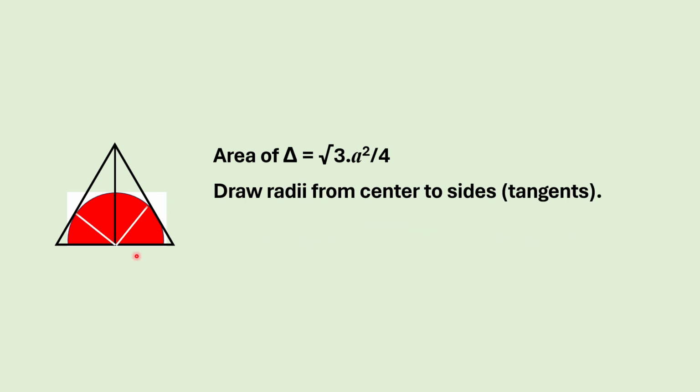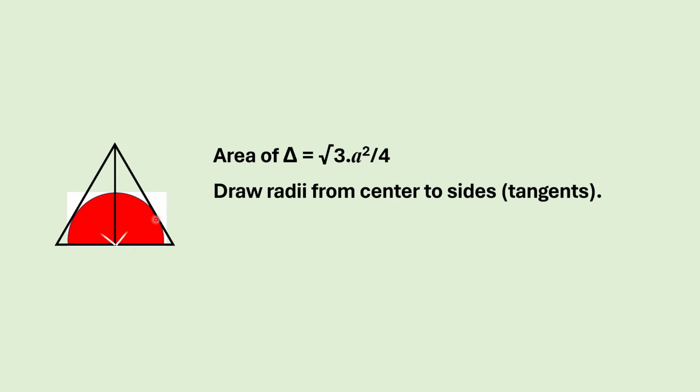So you can see what we are doing: we are drawing the two radii from the center to the sides. The sides are actually the tangents. The left side and the right side of the triangle are tangents. So we are drawing the radii, and remember that the radius is perpendicular to the tangent.